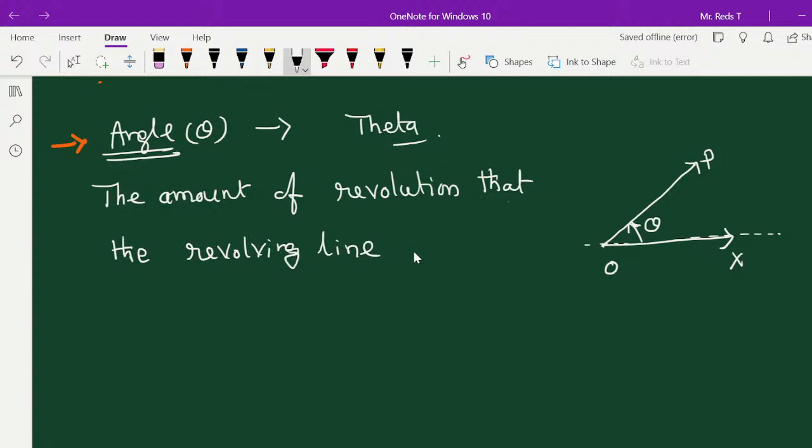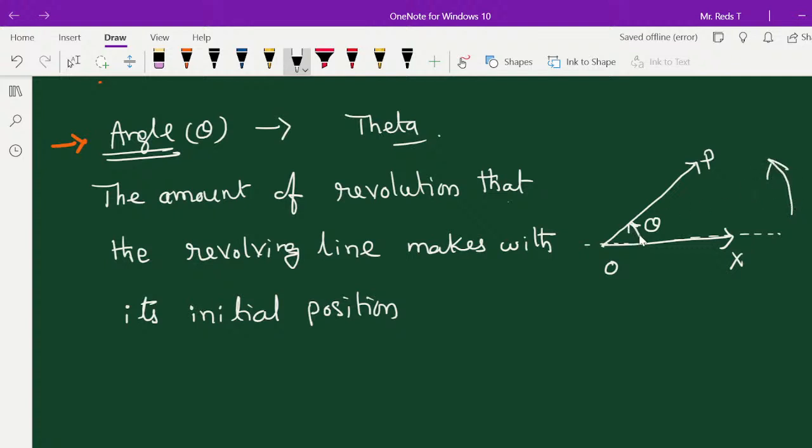You can write it within brackets also, from the figure. So if the initial position is along OX, and you revolve this in a counterclockwise or anti-clockwise direction, how much it has revolved is given by some quantity. That quantity is called angle. Right? Let's note this down. Draw this also.